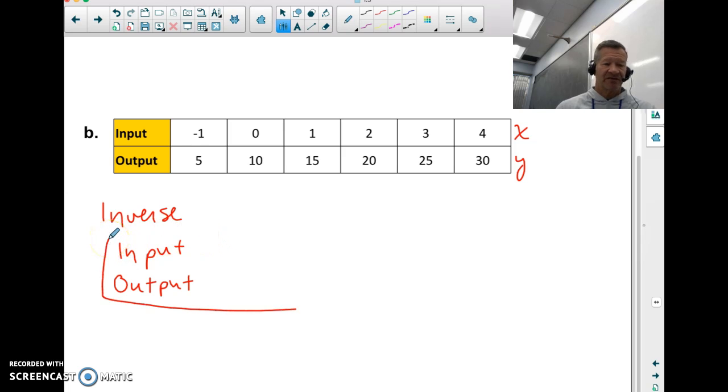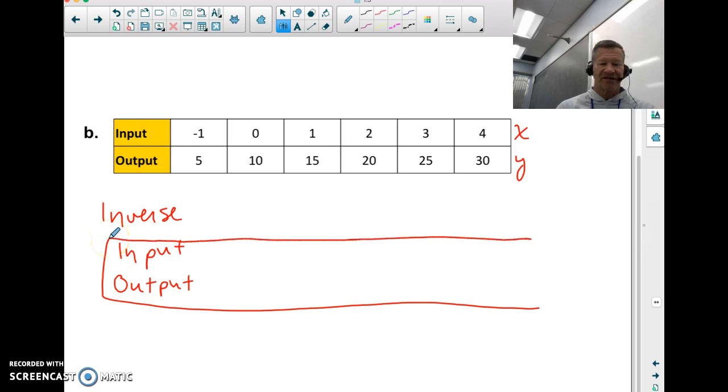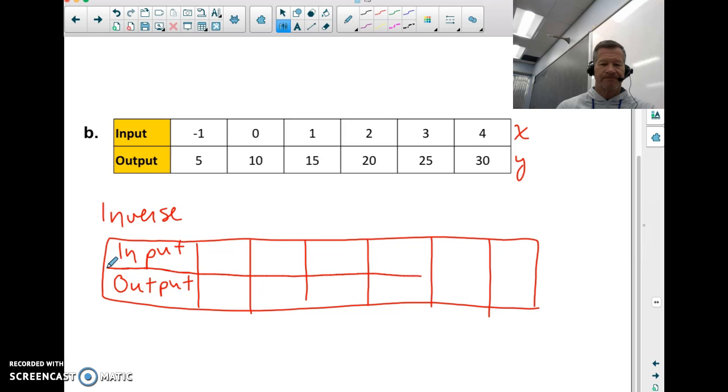So if I were to make a little table of this, similar, and divide up the inputs and the outputs, the inputs become all the outputs: -1, 0, 1, 2, 3, 4, and the outputs become 5, 10, 15, 20, 25, and 30. So that's essentially what an inverse is.